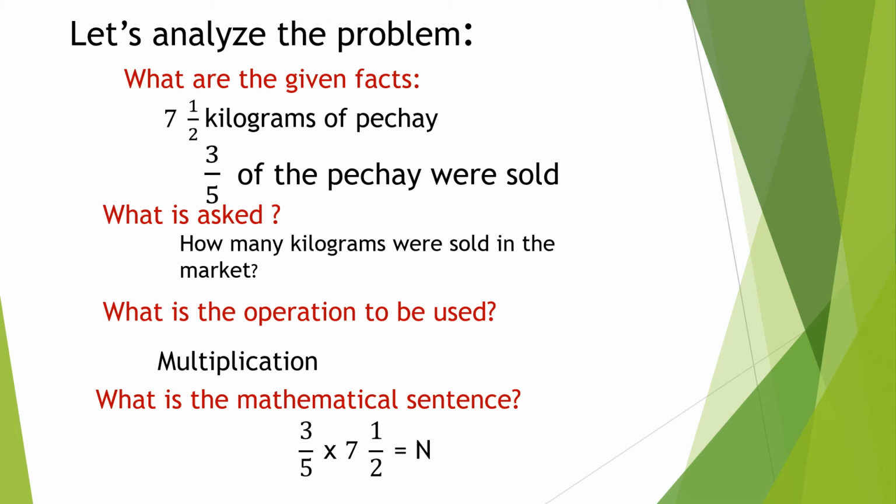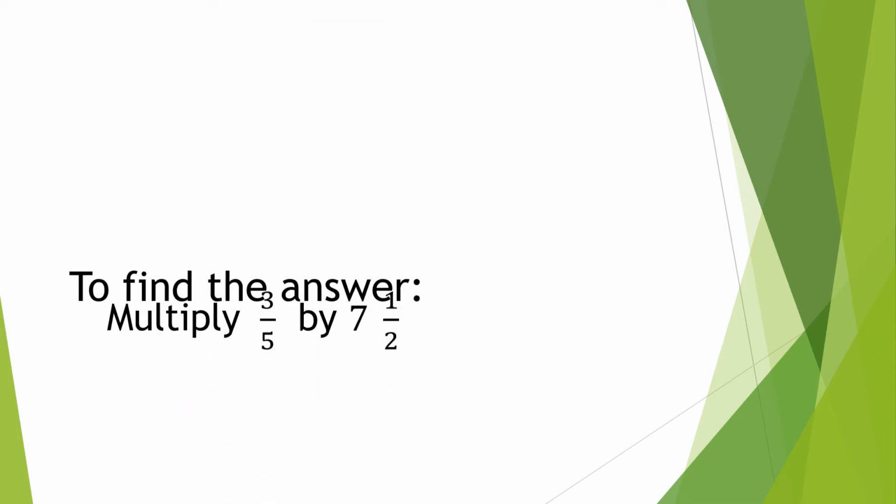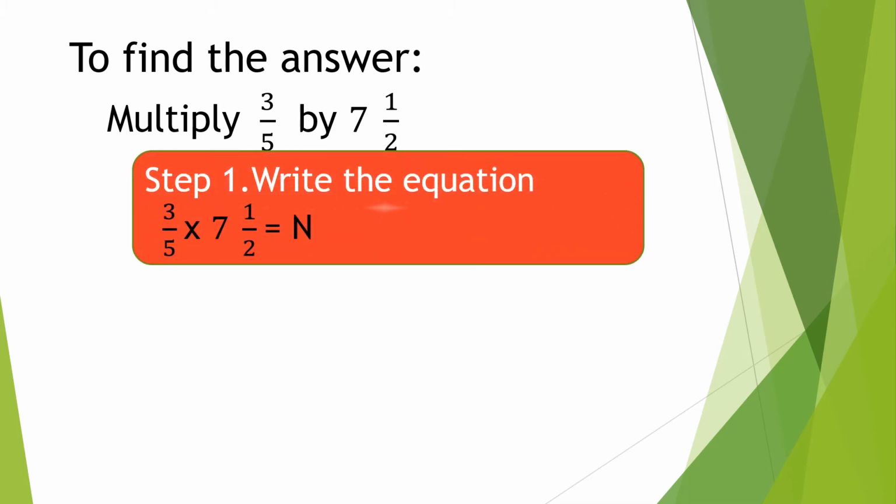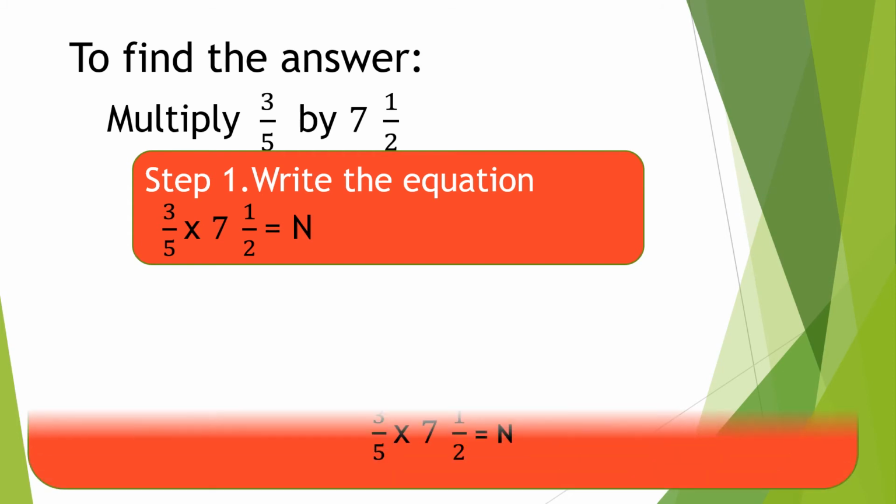So we will find the answer. For step 1, you have to write the equation. So the equation is 3/5 times 7 and 1/2 equals n.